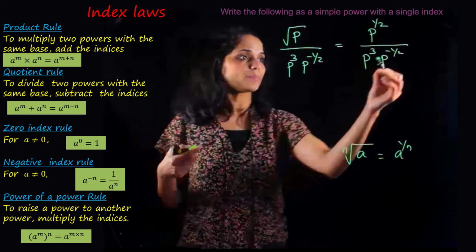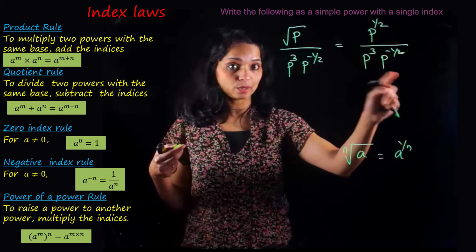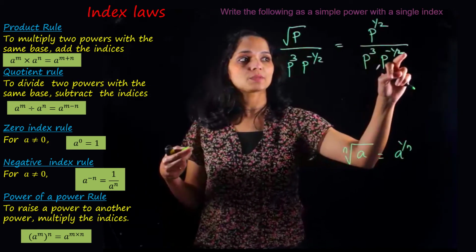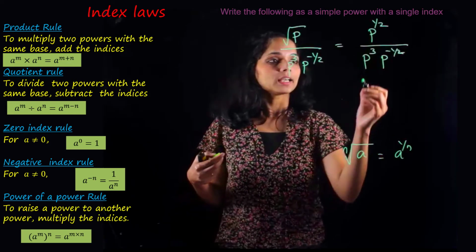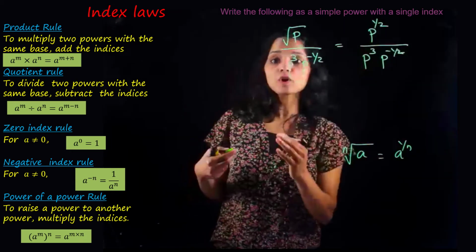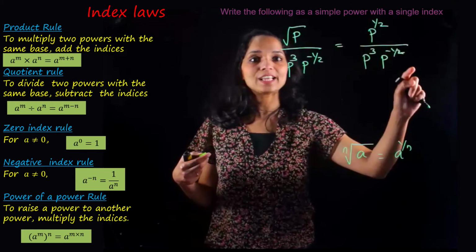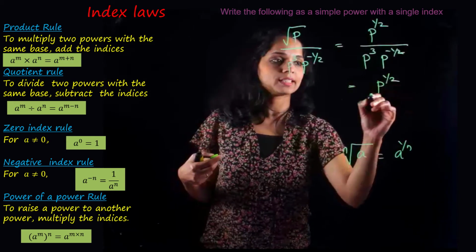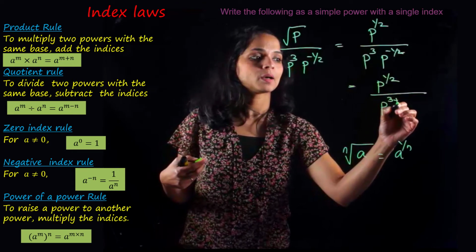The first operation is to simplify the denominator, p to the power 3 times p to the power minus half, and make it a single term. This can be simplified using the product rule: a to the power m times a to the power n equals a to the power m plus n. Using that, we can write the denominator as p to the power 3 plus minus half.